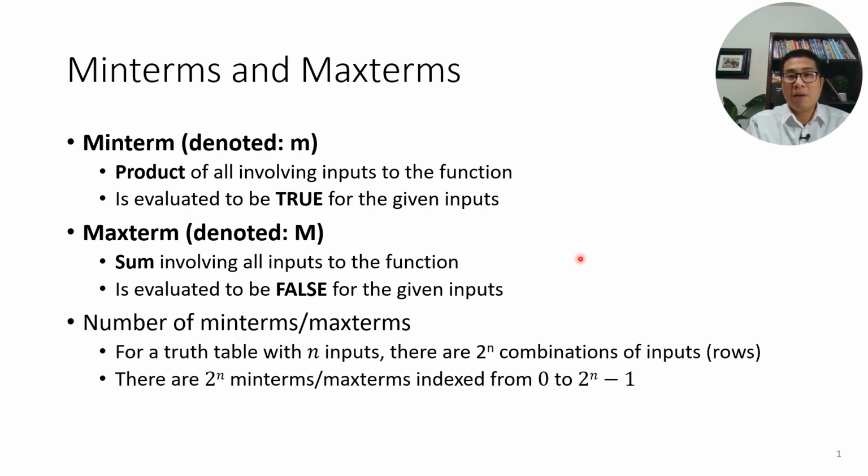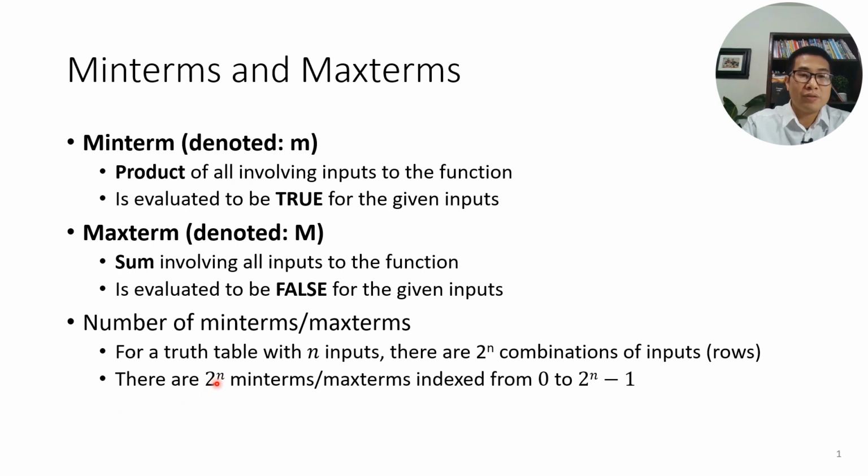Now, if you have a truth table with n inputs, then you have 2 to the power n combinations of the inputs, meaning 2 to the power n rows.